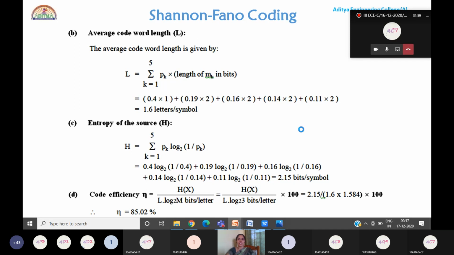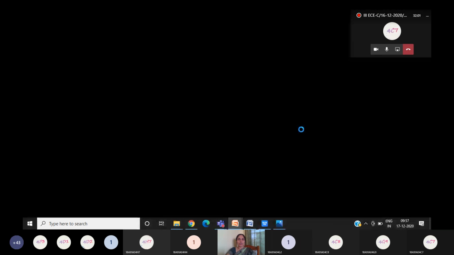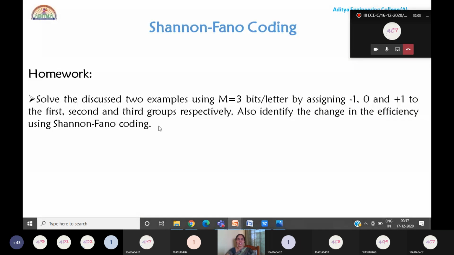So that is the conclusion. You can identify the change in efficiency using Shannon-Fano coding. As the partition value increases from 2 to 3, the efficiency reduces by a factor of 10%. You need to conclude like that.